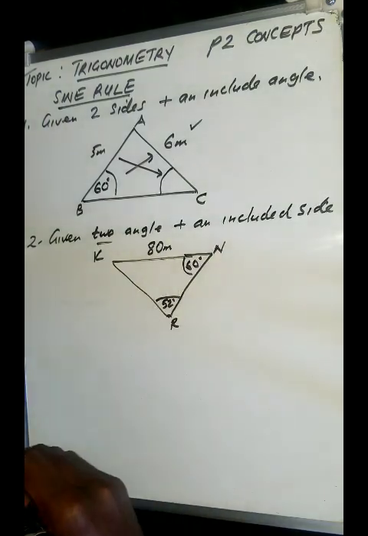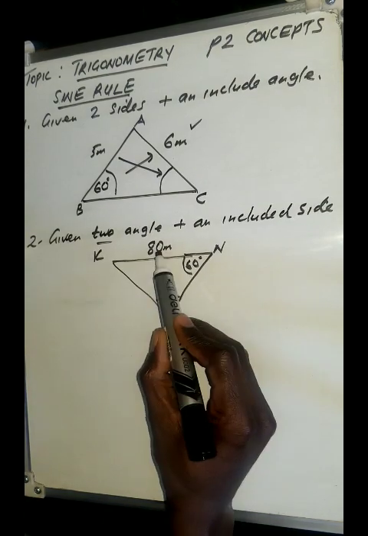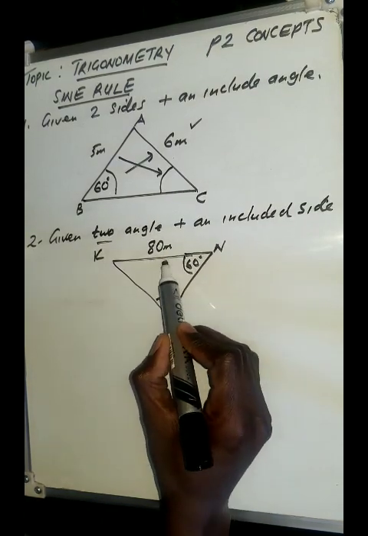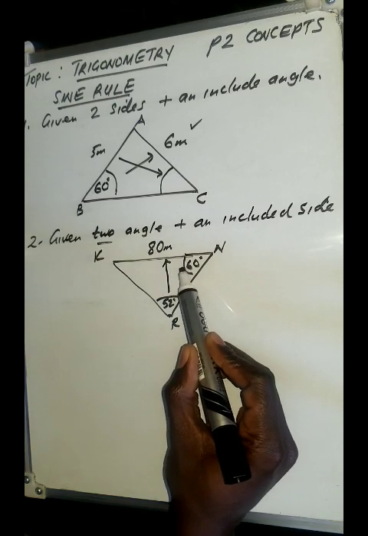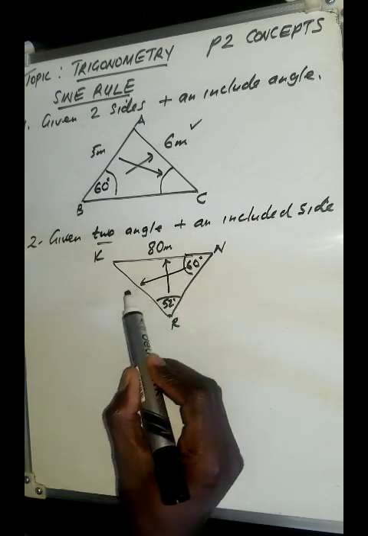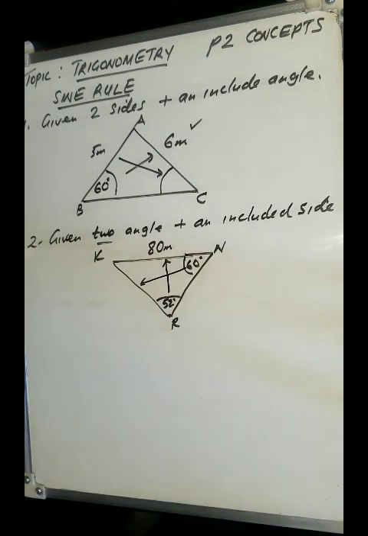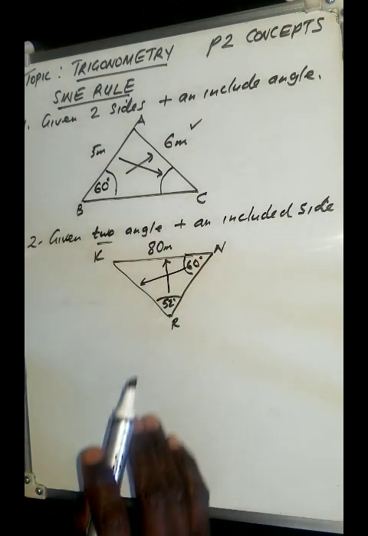Let me say that is 80 meters. Remember, this angle has the opposite side, but this angle does not have the side you have not been given. So you can be told to find that side. That is what we mean. You can apply the sine rule.